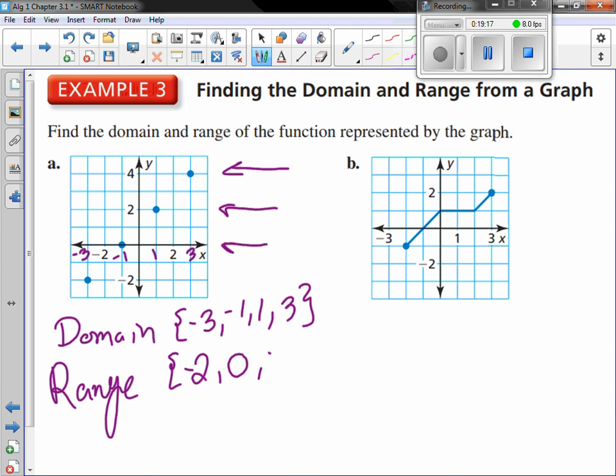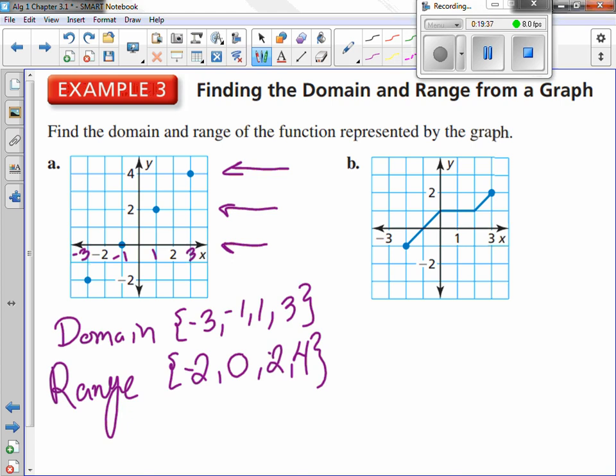Well, this one would be 4, because we have 4 all the way up at the top. Yes? Actually, I think that's it, because there wouldn't be one for 7, because we would need 7 up there. Does that make sense?